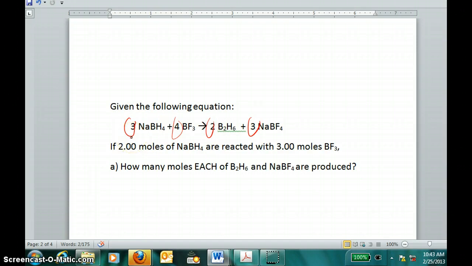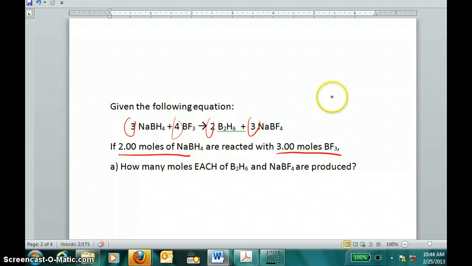So anytime you have a problem where you're given amounts of 2 or more reactants, in other words, 2 moles of this reactant, 3 moles of this reactant, just as in the case of building cars, we ran out of something first, and when we ran out of that limiting reagent, we stopped making cars. One of these 2 chemicals is going to be limiting. We consume it and convert it into products. And when the limiting reagent runs out, the reaction stops. You make no more product.